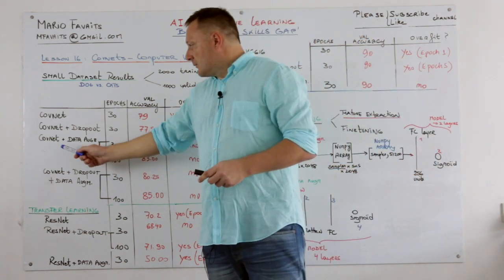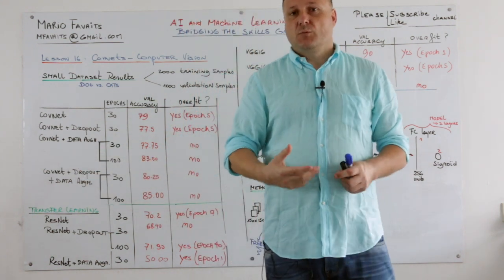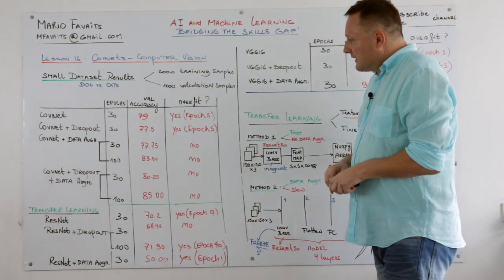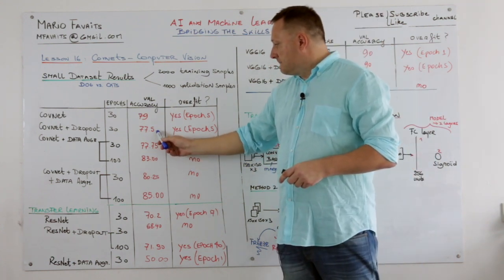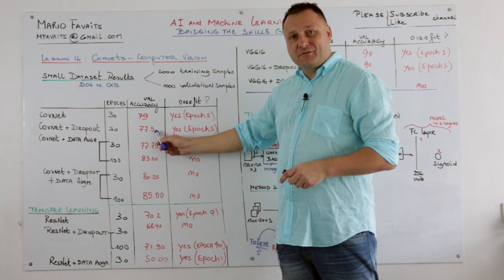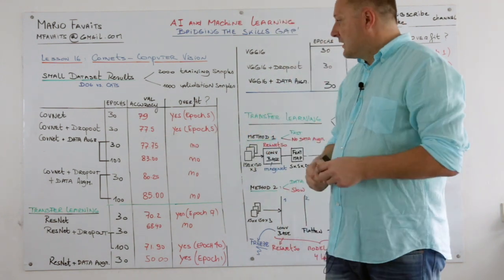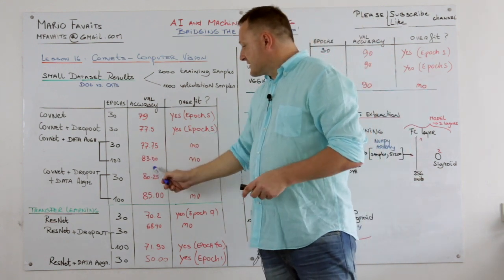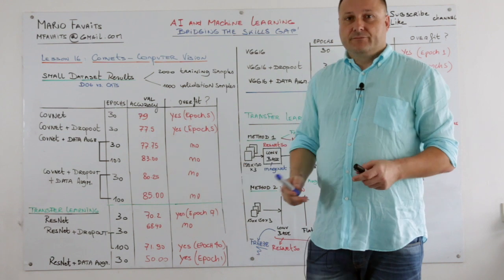So then we took the Covnet and data augmentation without dropout. And here you can see that the result is not different from this one here, but there is no overfitting. And if we take 100 epochs, our accuracy improves without any overfitting.